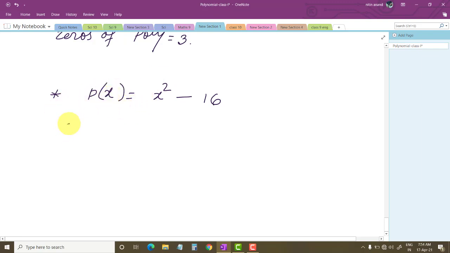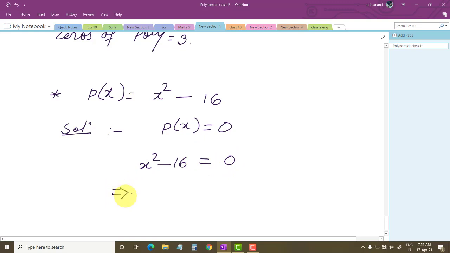For the solution, we have to find its zeros, so p(x) will be 0. The value of p(x) is x squared minus 16, so x squared minus 16 equals 0.